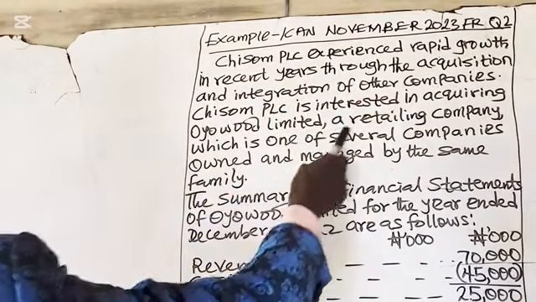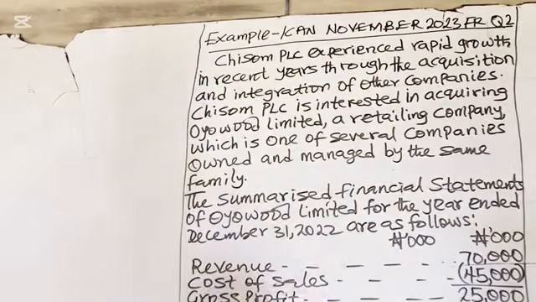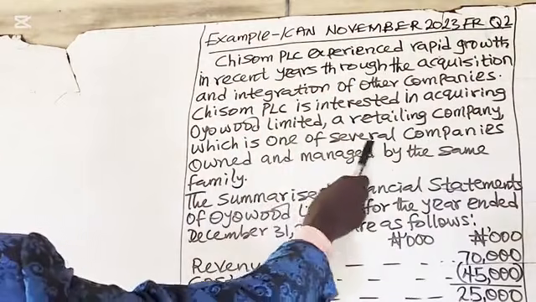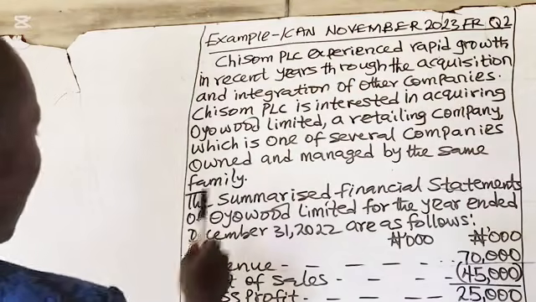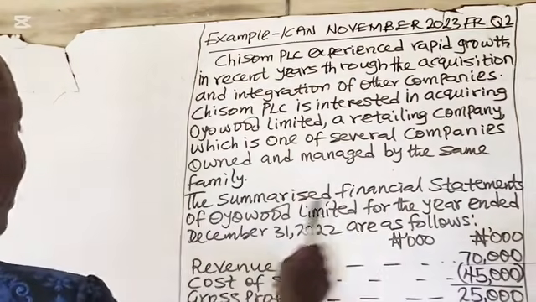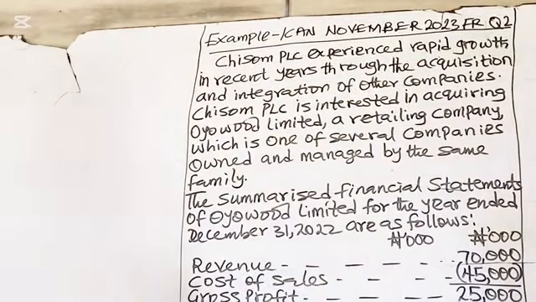Shison PLC is interested in acquiring Oyowood Limited, a retailing company, which is one of several companies owned and managed by the same family. The summarized financial statements of Oyowood Limited for the year ended December 31st, 2022 are as follows. Amounts are given in thousands of naira.